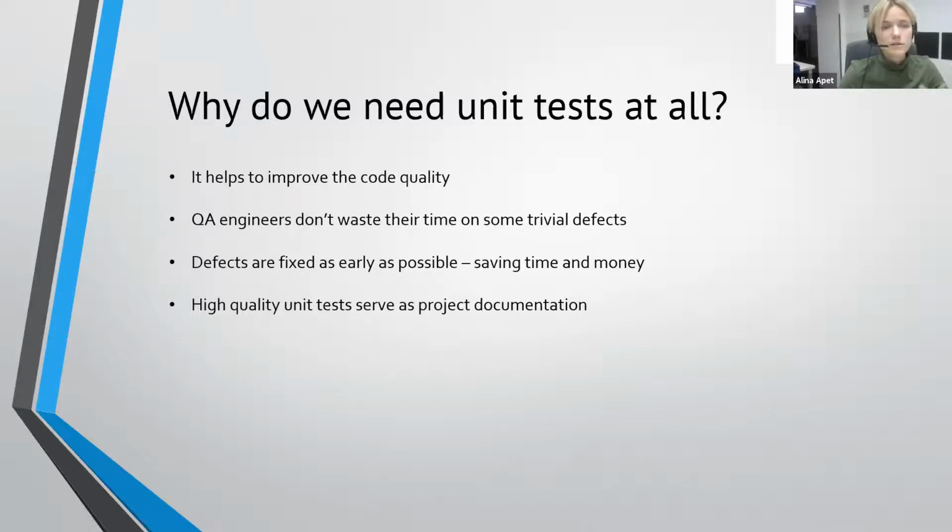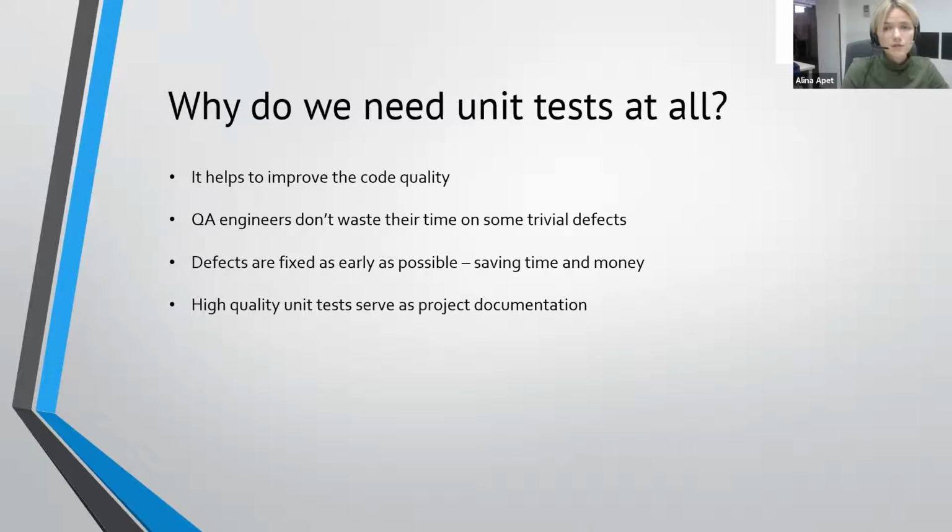And QA engineers don't waste their time on trivial defects. It's pretty obvious because, for example, if we have a very trivial and simple mistake in some method, it will be crystal clear when our unit tests fail, and we can see it straight away before our code even gets to QA engineers. Of course, defects are fixed as early as possible, also obvious because the developer is usually the first one who notices these tests failing.